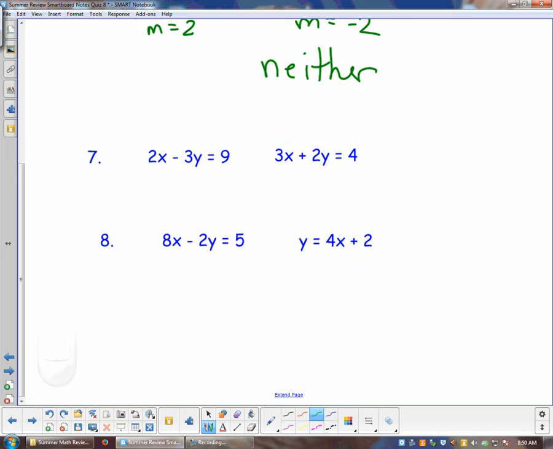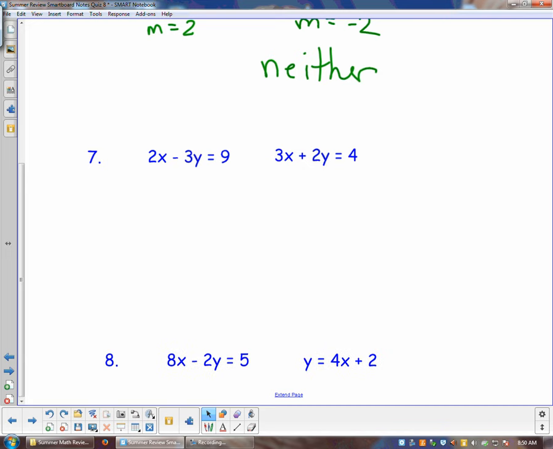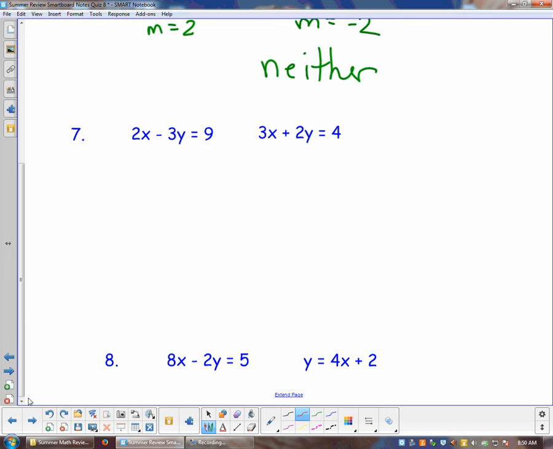Let's take a look at number 7. Here, these two lines are not in slope-intercept form, so we need to put them into slope-intercept form before we can decide if they're parallel, perpendicular, or neither. Taking the first one, I want to get y by itself, so I'm going to subtract 2x from both sides. So I get negative 3y equals negative 2x plus 9.